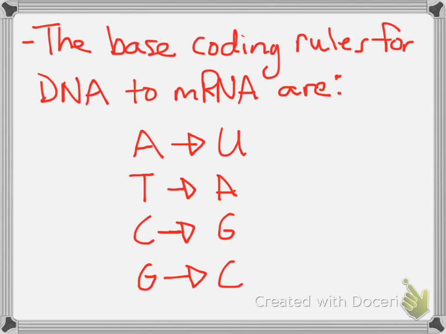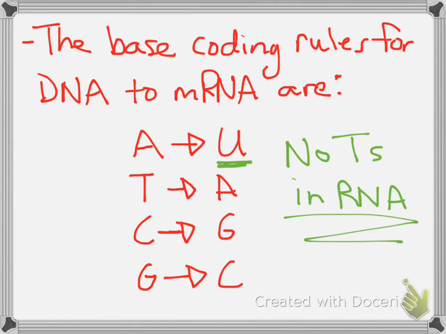The base coding rules for DNA to mRNA are A to U, T to A, C to G, and G to C. So just like base pairing rules in DNA, we have the same sort of thing matching up, only notice that we have U replacing T. There are, and please write this, no T's in RNA. And that's one of the ways you can tell the difference.